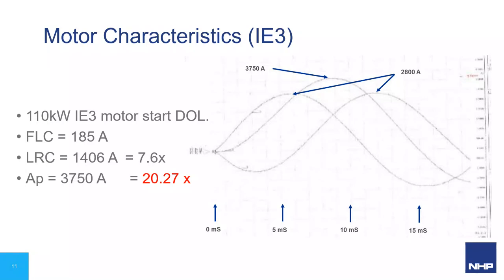Now, this event can and did have serious effects on the connected switchgear. I might also add that these figures can change depending upon the moment in the cycle that the motor is energized, as well as with the starting position of the rotor in relation to the stator. So every start is going to give us a slightly different answer, or a slightly different set of numbers.